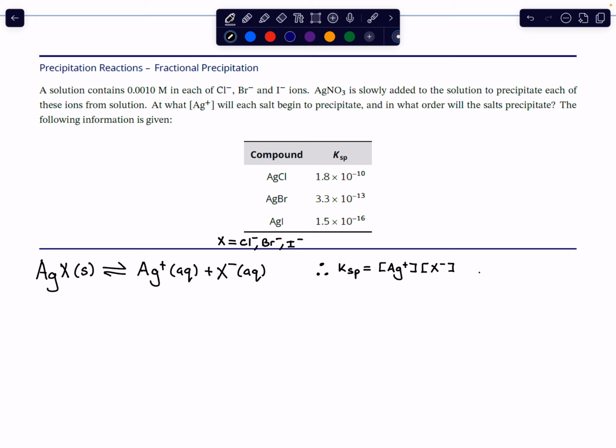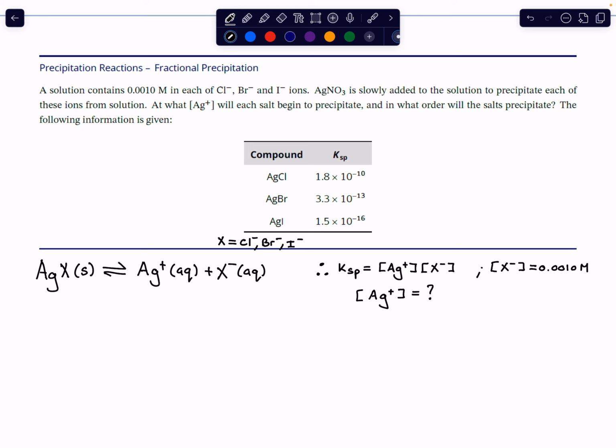And we know from the information given that in each case the halide ion concentration is 0.0010 molar. The question is, at what concentration of silver plus will a precipitate fall?